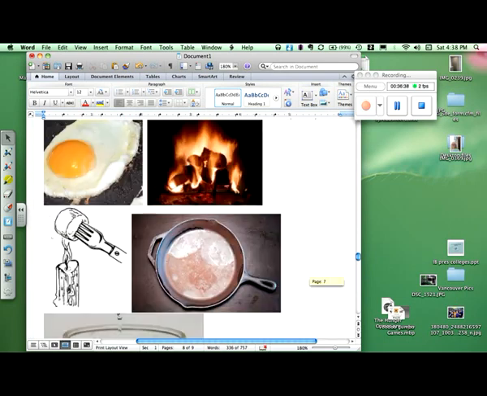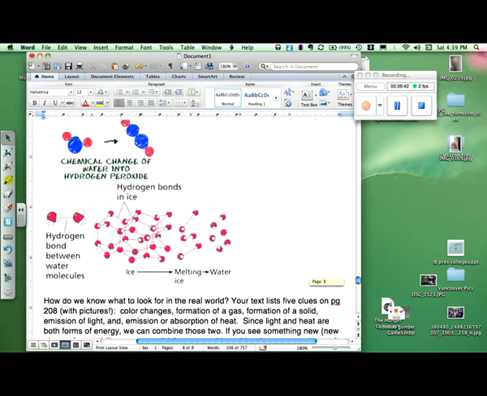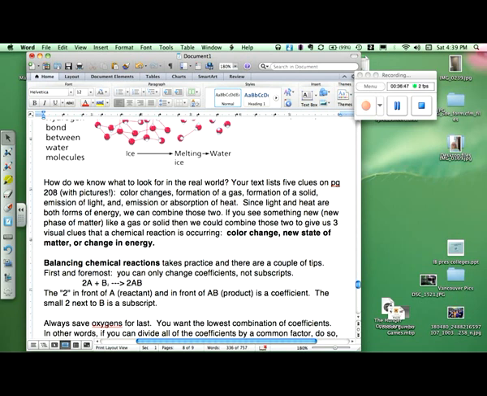So we've just looked at particles. We looked at a few pictures that were very obvious for chemical changes, but how do we know what to look for in the real world? Your text lists 5 clues on page 208 with pictures very nicely: color changes, formation of a gas, formation of a solid, emission of light, and emission or absorption of heat.